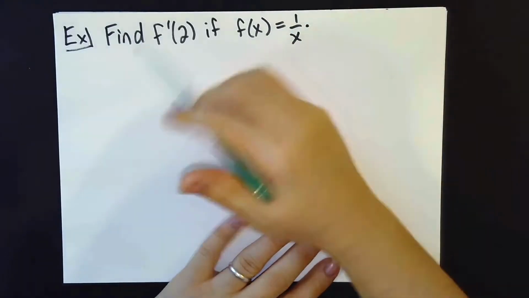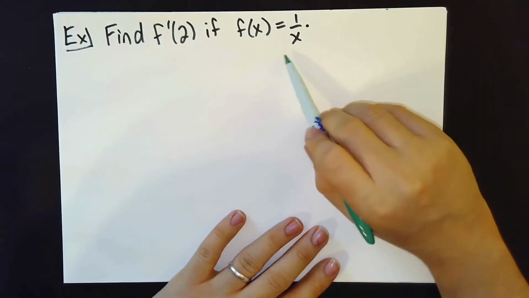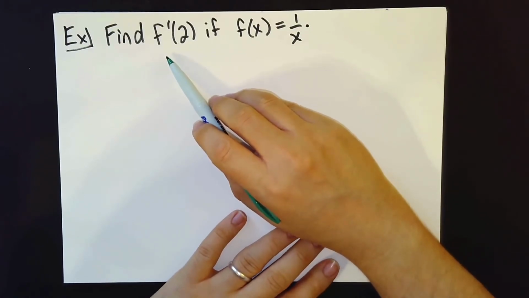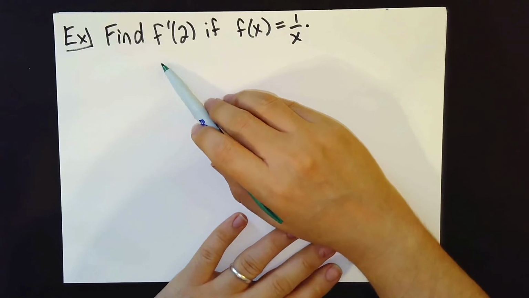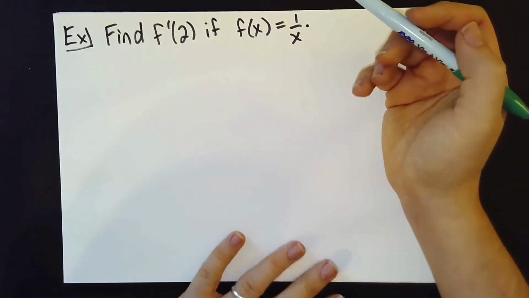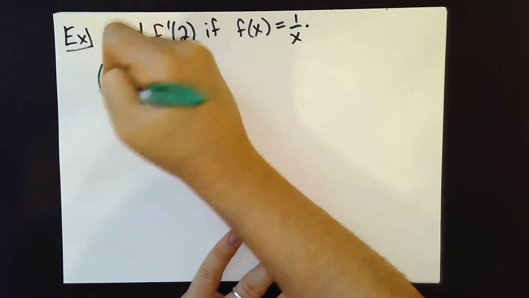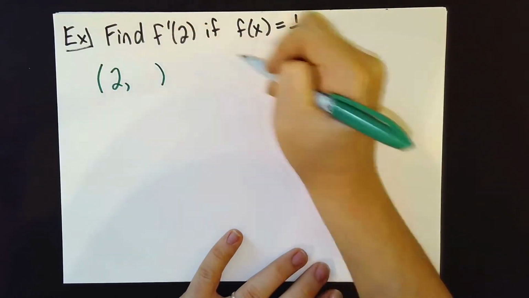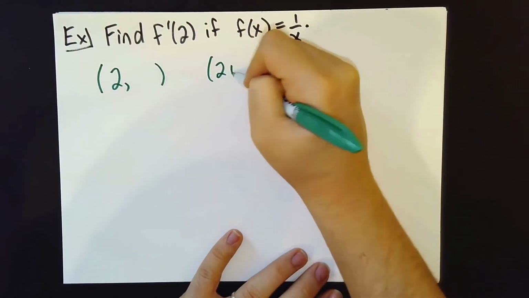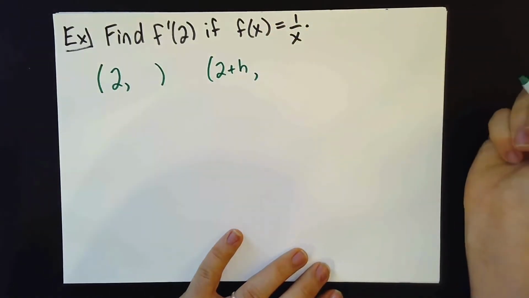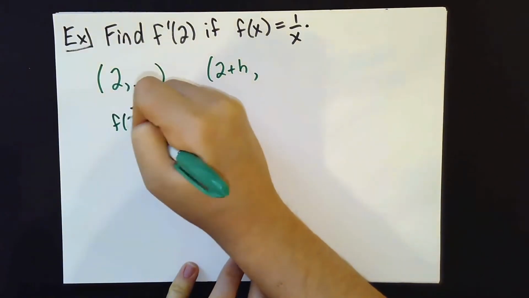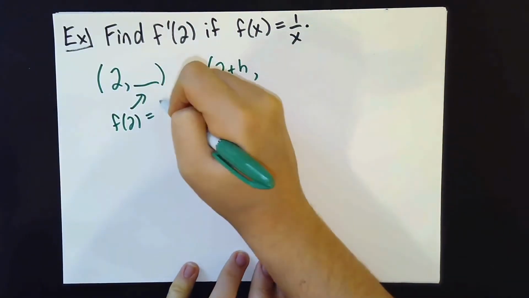I'm not going to have to do anything different to calculate this derivative than I did in the previous video. The only thing is that now I'm going to have to deal with fractions floating around. So remember, our first step is to write down these 2 points. 2 comma something, and then 2 plus h comma something. This is going to be f of 2, which is a half.